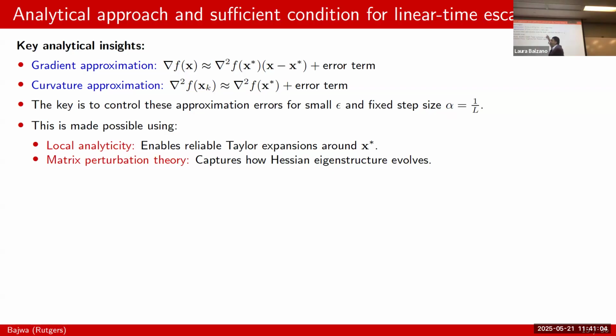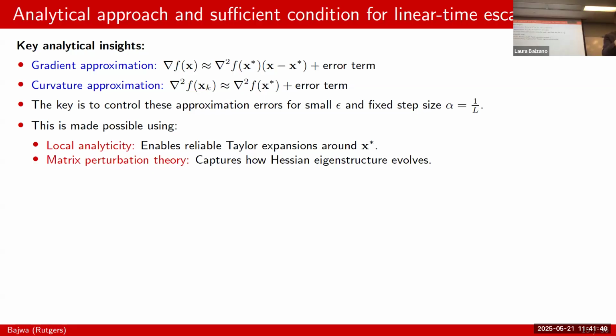In both of those cases, I have error terms. If I want to say this, I have to have good control on these error terms. And local analyticity allows me to get a good handle on the error terms for gradient approximation. Then what we really try to do is express the Hessian at any point as a function of the Hessian at the saddle plus this error term using matrix perturbation theory. So we are able to represent, for example, the eigenstructure of the Hessian at any point within that neighborhood using matrix perturbation theory.